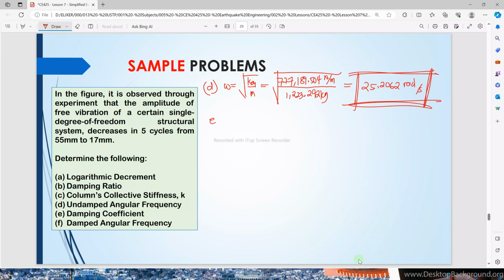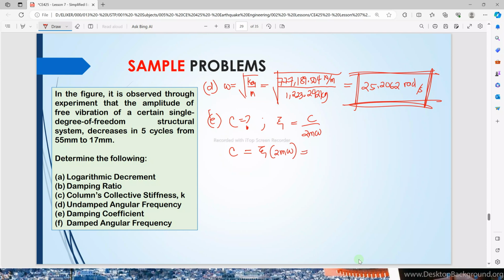Next, we're asked to find the damping coefficient, C. So how do we find the damping coefficient? By using psi, which is equal to C over 2 m omega. So our damping coefficient C is equal to psi times 2 times the mass times the undamped angular frequency.